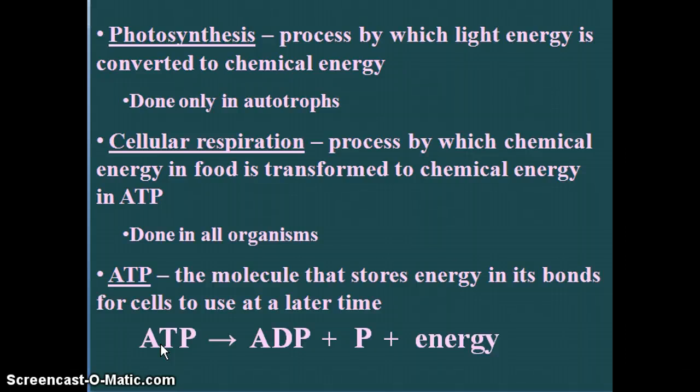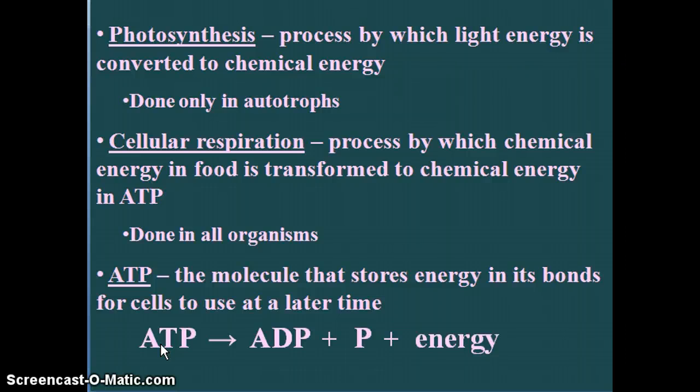So really, the plants use light, the sun, to make food, glucose, C6H12O6. And you eat food all the time, lettuce, carrots, celery, etc. Photosynthesis is only done in autotrophs.